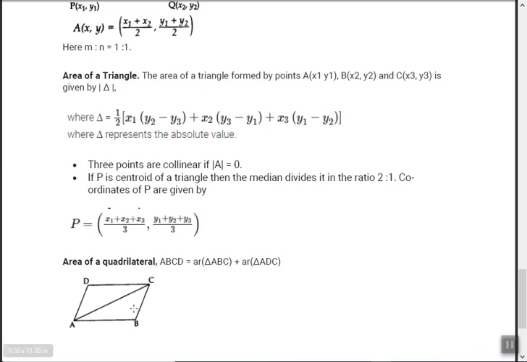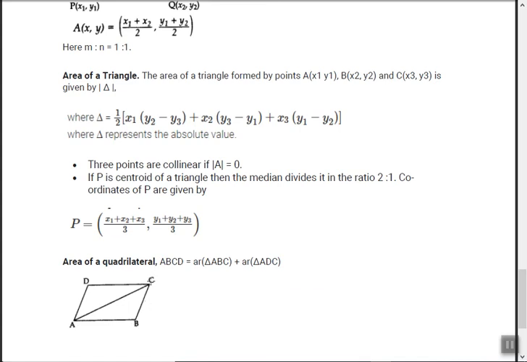So what is the area of this triangle? Look at it carefully. These 2 points are very important, the section formula and this area of a triangle. It is 1 upon 2 into x1 into y2 minus y3, where x1 means the x coordinate of A, into y2 minus y3.